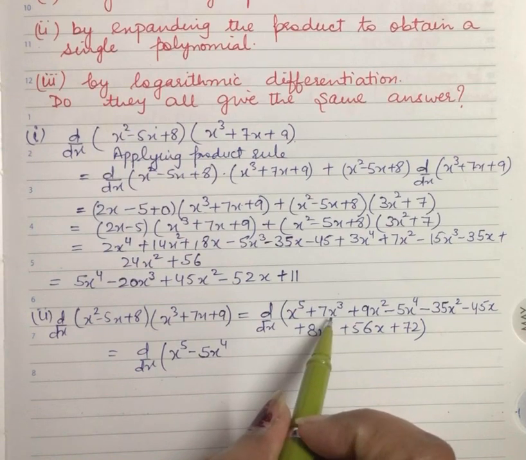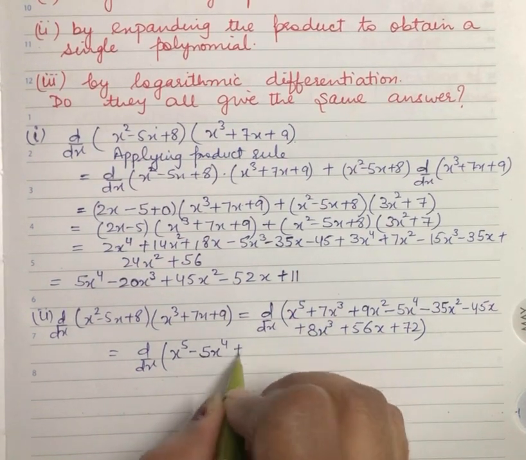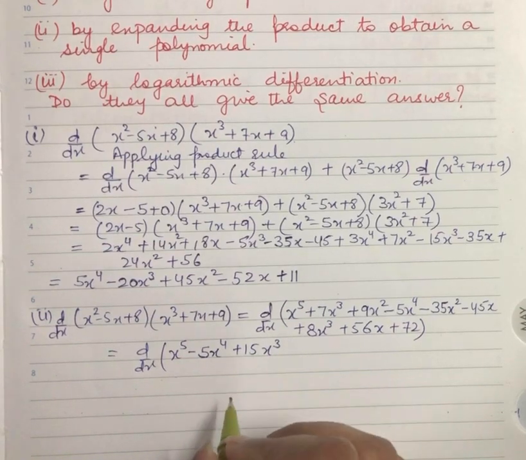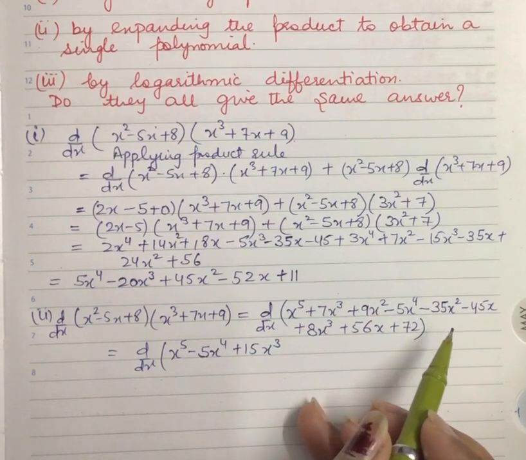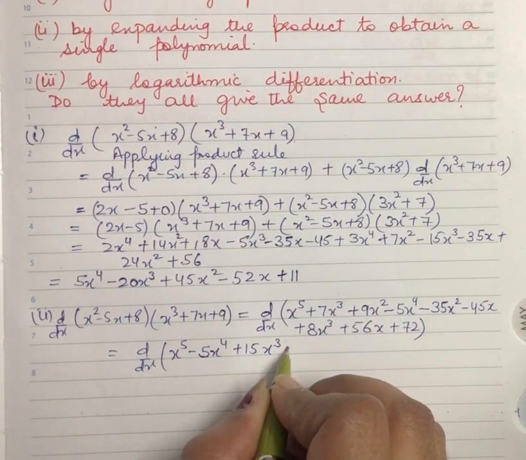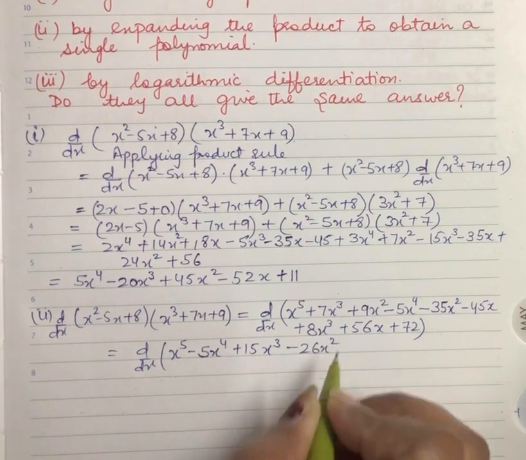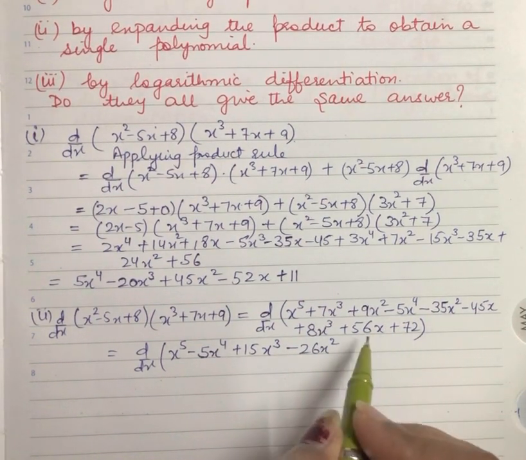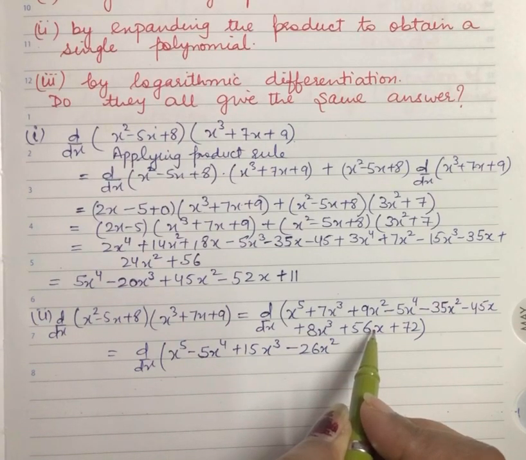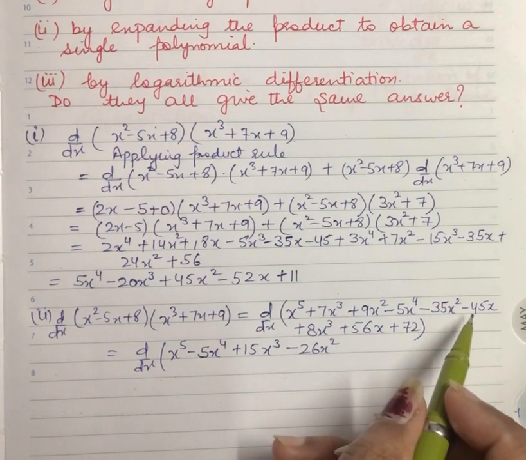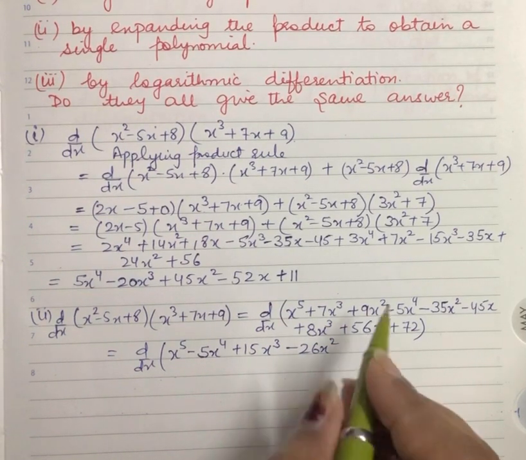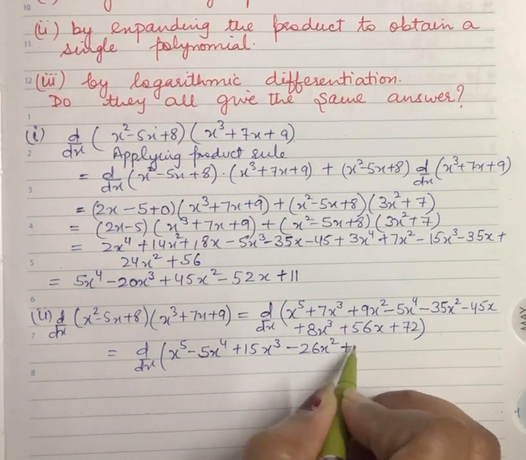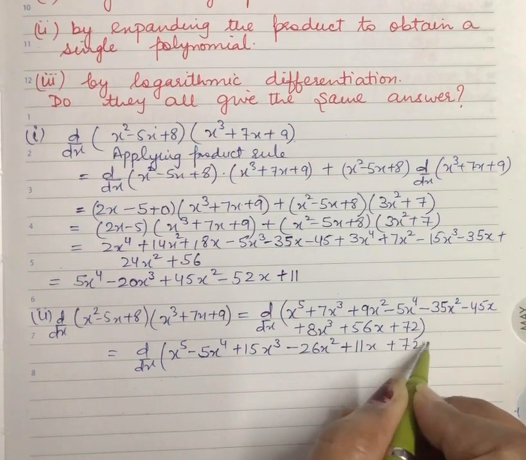Then cube term, 7x cube plus 8x cube will be 15x cube. Then we have 9x square minus 35x square will be minus 26x square. Then minus 45x plus 56x will be plus 11x, plus 72.